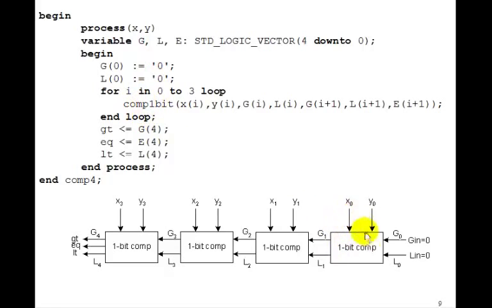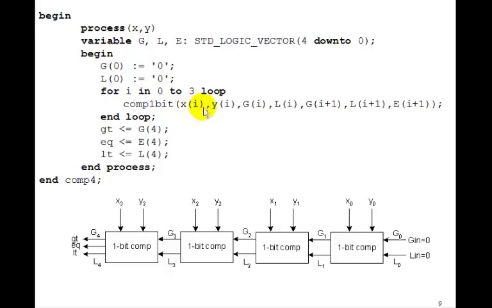So the first time through we made this component. Next time through I is equal to 1. So the inputs are x1, y1, g1, and l1. And the outputs are g2, L2, and E2, where E2 doesn't get connected. Third time through the loop, I is equal to 2.